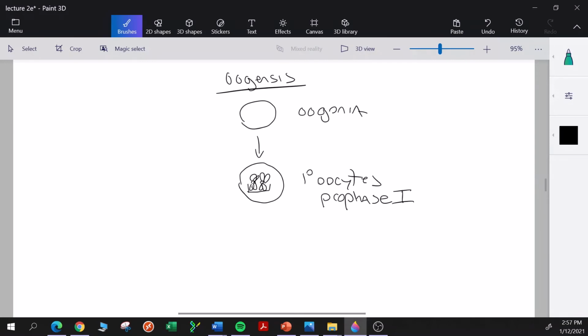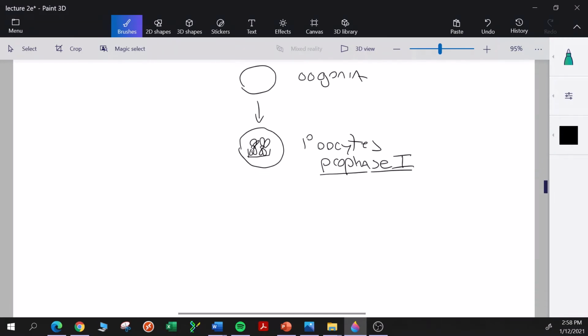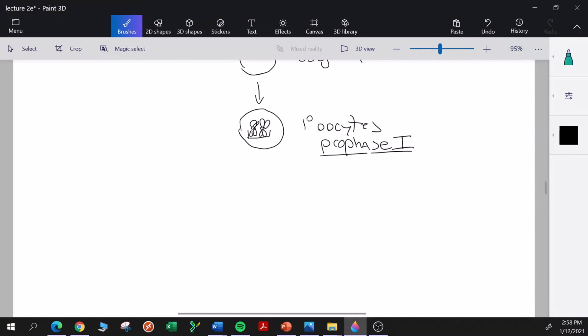So every newborn baby girl has in her ovaries 1 to 2 million primary oocytes that have started meiosis 1 but stalled. And they will stay stalled until adolescence.